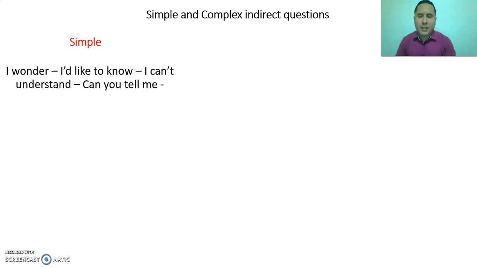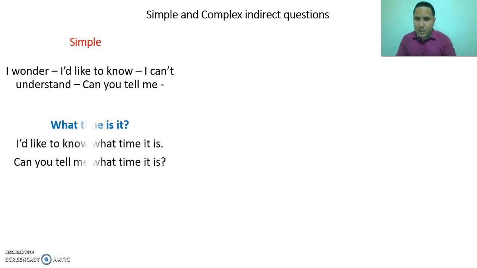With simple indirect questions, we are going to use phrases like these in the beginning of a sentence: I wonder, I'd like to know, I can't understand, can you tell me? Some of these phrases are statements. Some others might be questions, like can you tell me? That is a question.